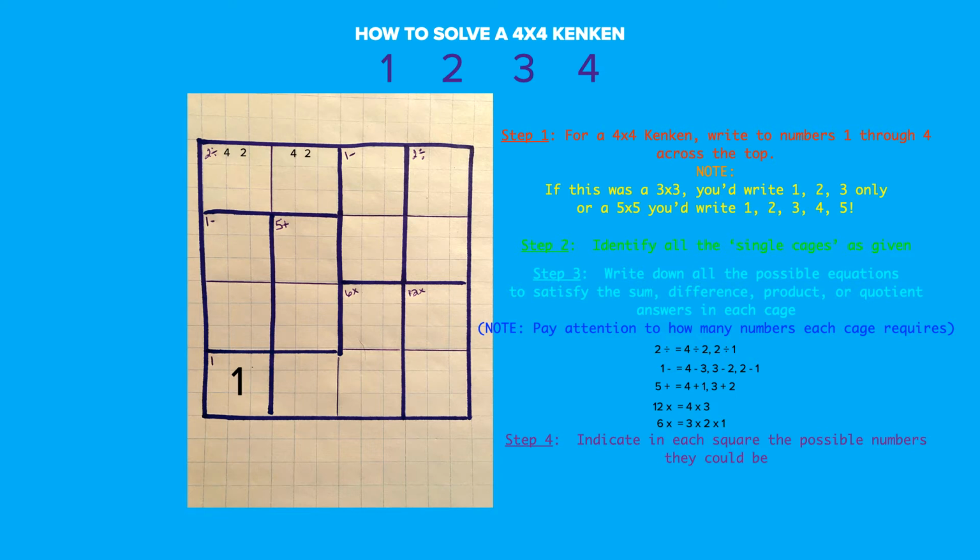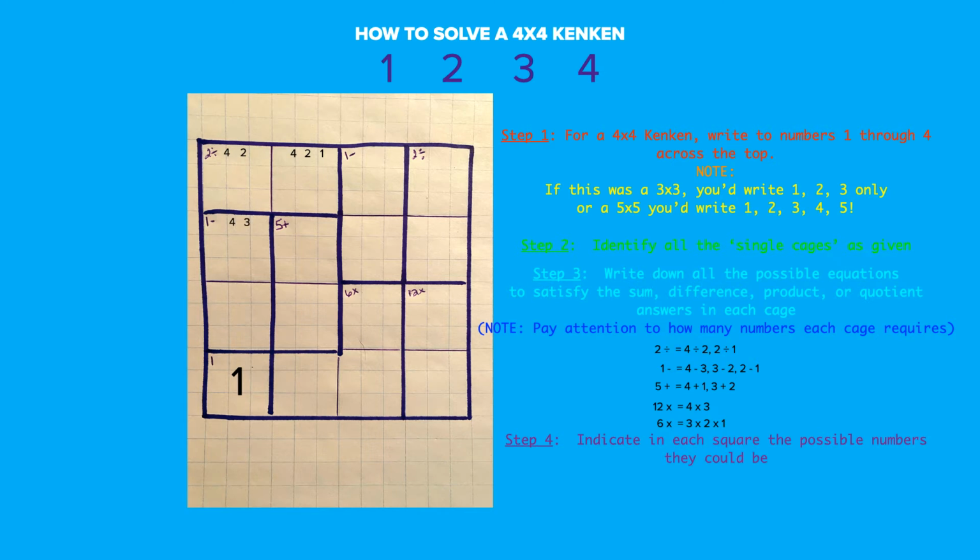So the box to the right of the first box, the first box in the second column, can be a 4, 2, or a 1. So I'm going to write that there. Now I'm going to continue with the first column just so that I can get that finished. And my difference of 1, I actually can have 1, 2, 3, or 4.